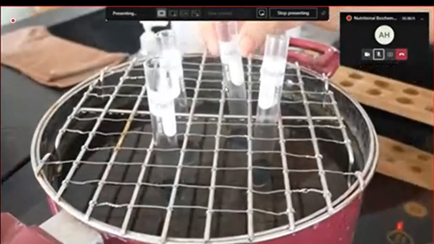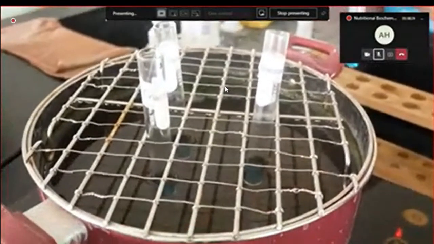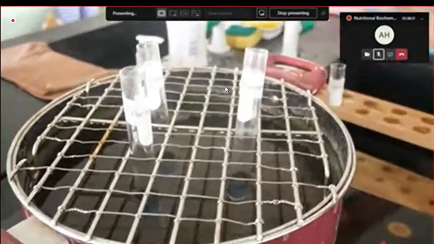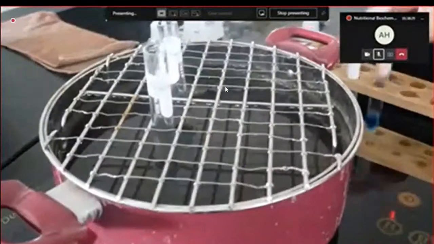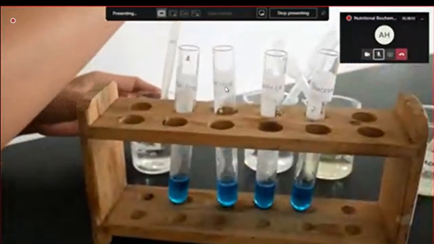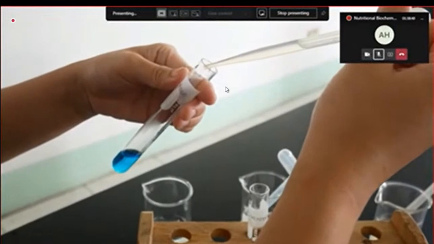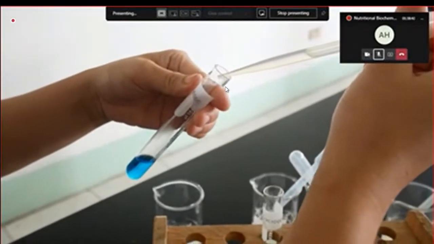If the solution remains clear blue, we can continue with the test, which means the reagent is not contaminated. Allow the 4 test tubes to cool down until they are just warm to touch, and then add 5 drops of the carbohydrate solutions.